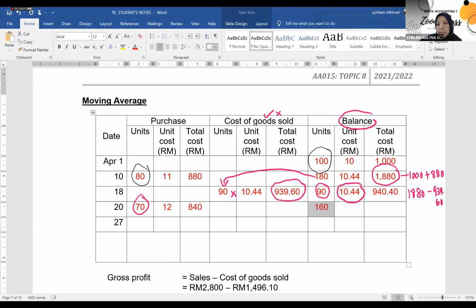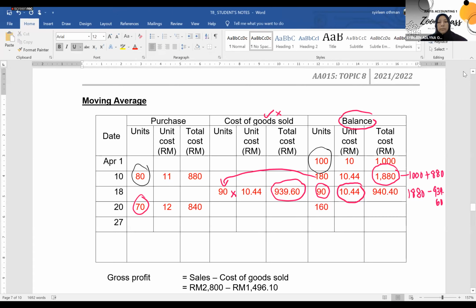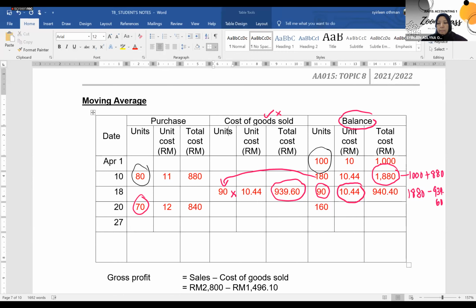So harga kos seunit ni, alright, sekejap ya. Okay, so harga kos seunit ni kita akan kira barulah. Okay, so macam mana madam nak kira baru? So you akan ambil RM940.40 tambah 840 bahagi dengan latest unit, that is 160.